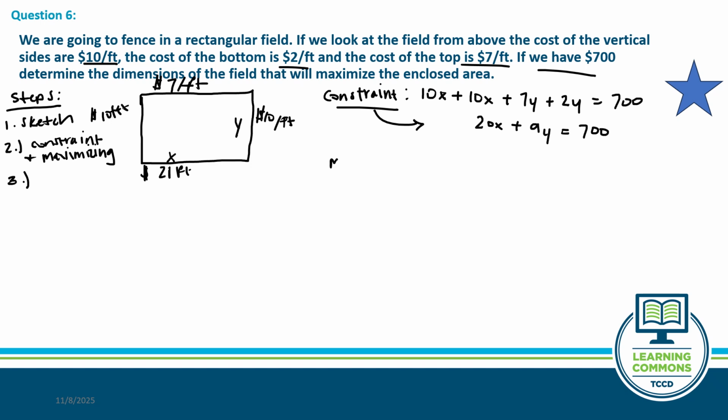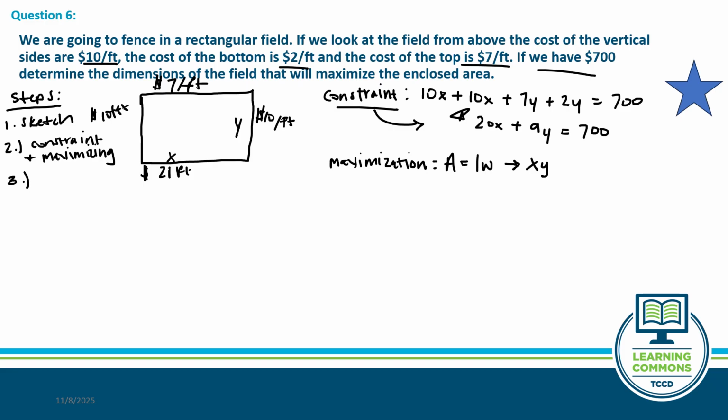My maximization equation is area. So area of a rectangle is length times width, or in this case, xy, okay? Because again, length, width. So now I want to put my constraint equation in terms of either x or y.